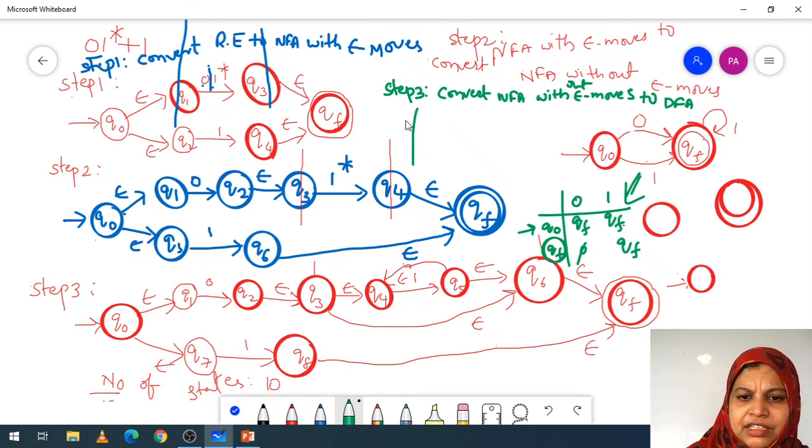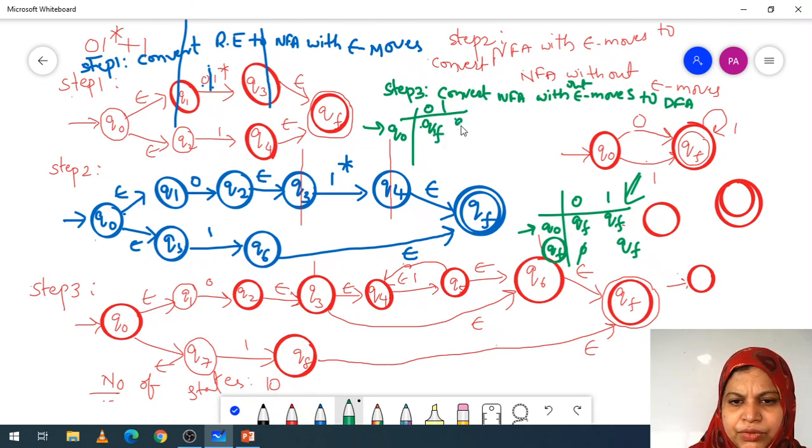My initial state is Q naught: on 0, QF; on 1, QF only. The only new state is QF.